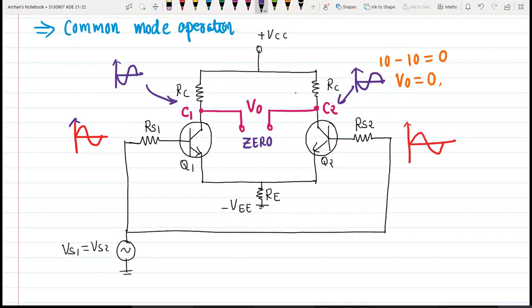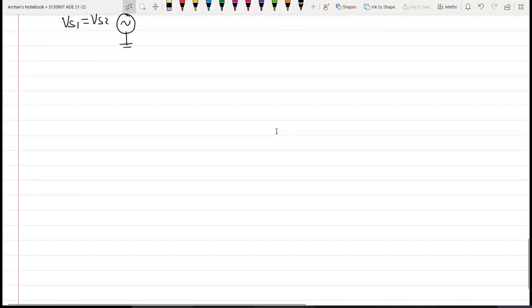Now we know very well this circuit for the differential amplifier. There are different configurations of these differential amplifier circuits. Mainly we are using a total of 4 configurations, based on how we are going to take the output voltage.